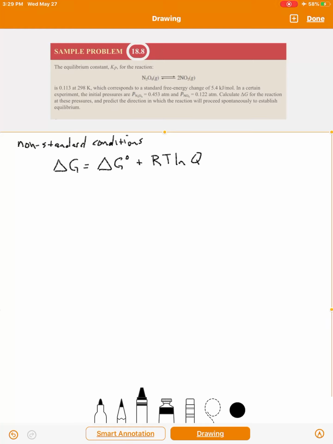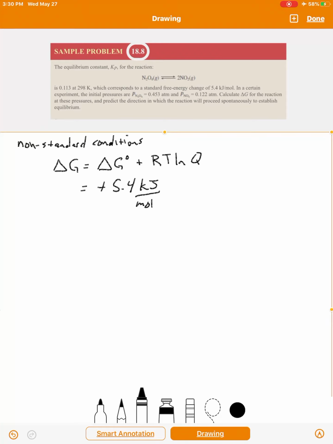So the free energy change is different if we're under non-standard conditions. In this particular problem, they tell us the standard free energy change is 5.4 kilojoules per mole. So we've got that. Let's just make sure we get the sign right. So we just need to add the correction term, RT ln Q.